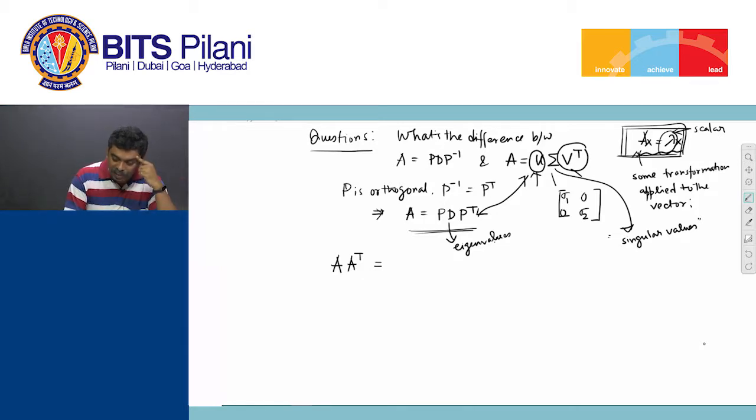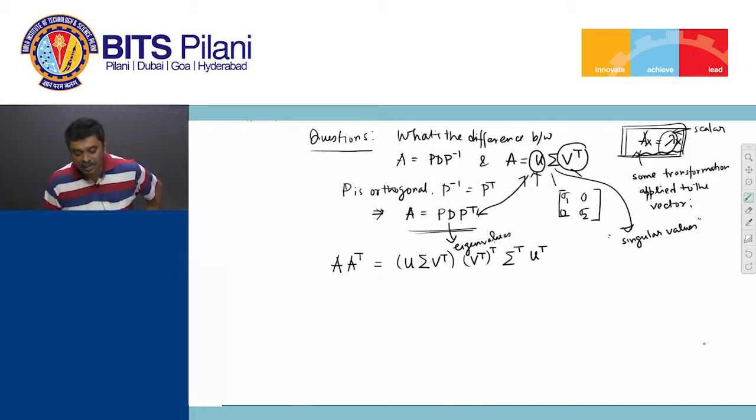But in this case, what I know is A is U sigma V transpose, and then A transpose is the transpose of that, right? If I take the transpose of that, what I'm going to get is V transpose transpose, sigma transpose, and U transpose, right? Please remember that U and V are orthogonal matrices, so we will use this in a moment.